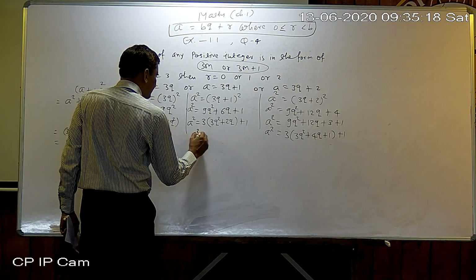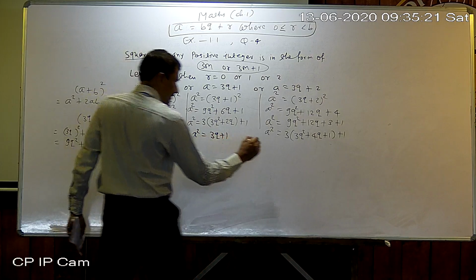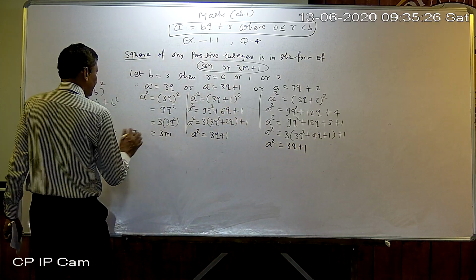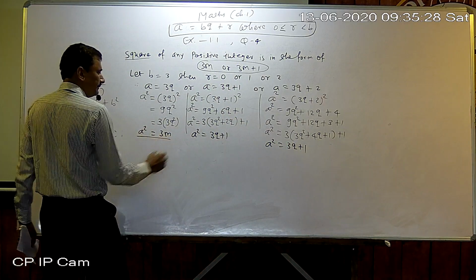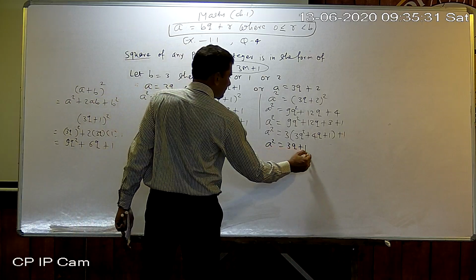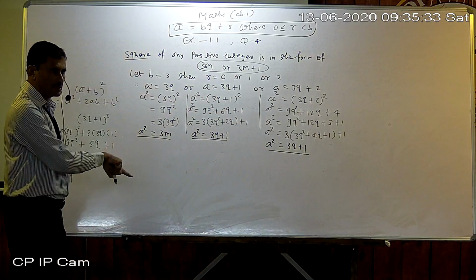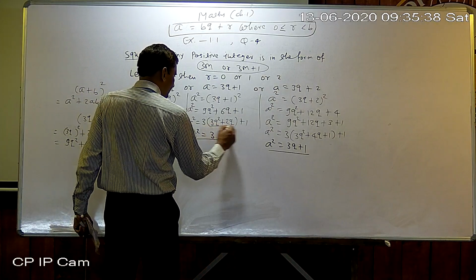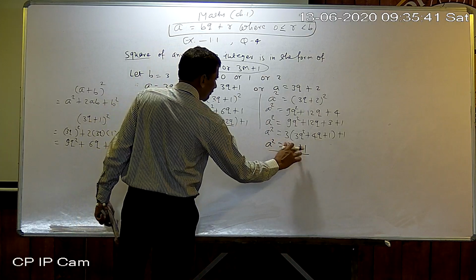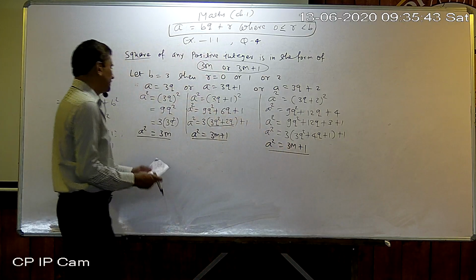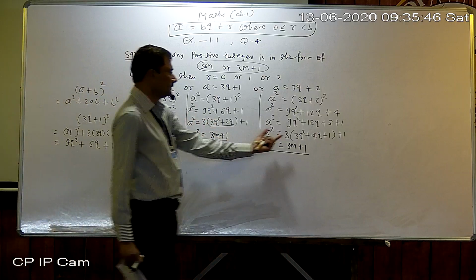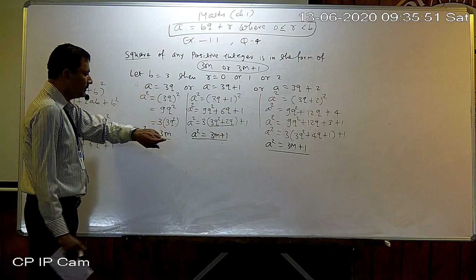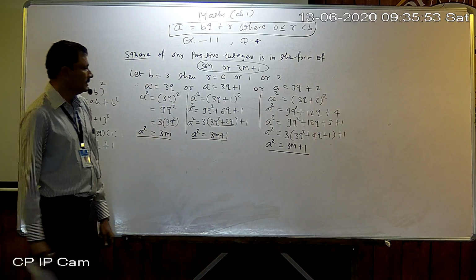So here a square equal to 3m, a square equal to 3m plus 1, and again 3m plus 1. Instead of that bracket, write down m, not q.